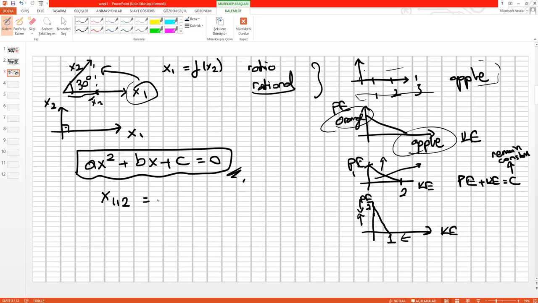Just remember that. What's the formulation of this term? Plus minus b divided by a, I think. Something like this, with 4ac, and so this 2a.